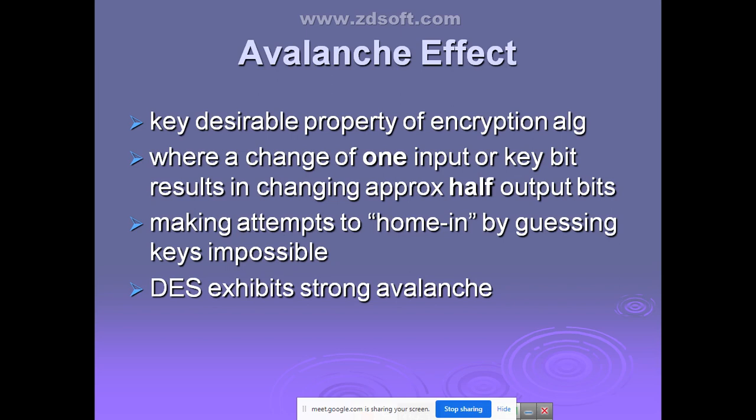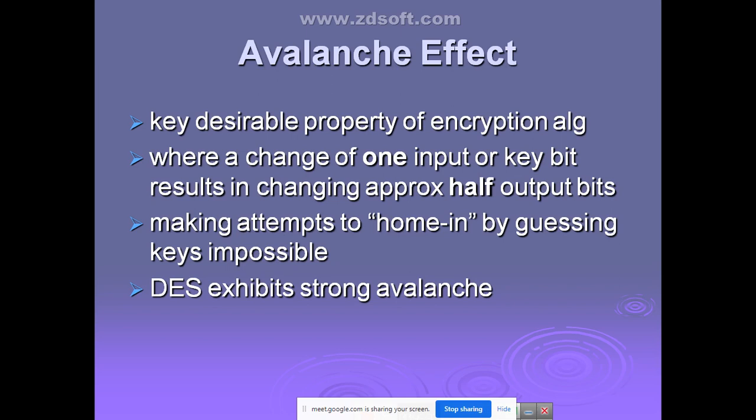Getting the thing? Right, guys? If you make a single change in one bit of the plaintext, or change one bit in the key, that is going to affect many bits within the ciphertext, that you refer to as the avalanche effect.